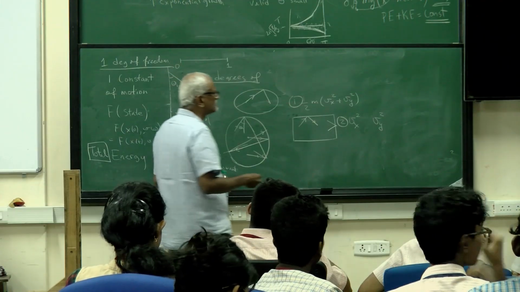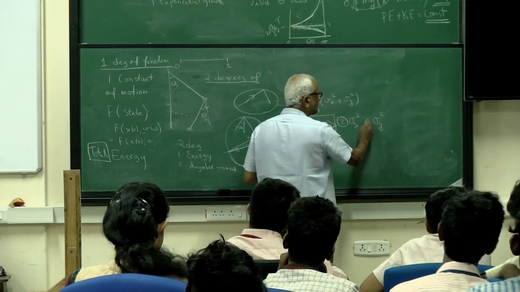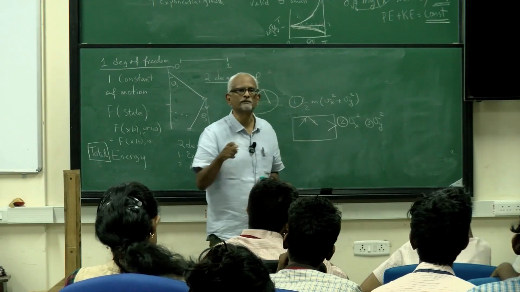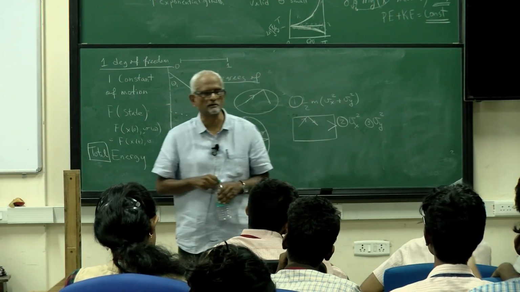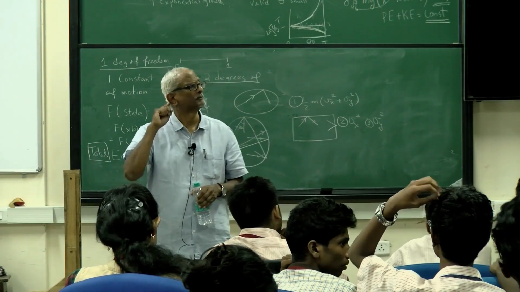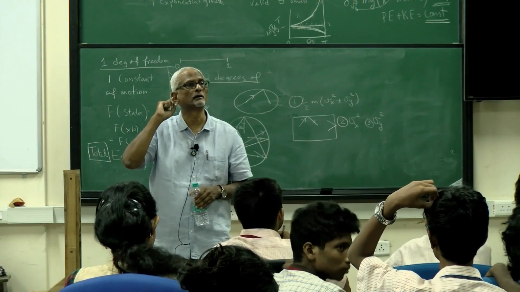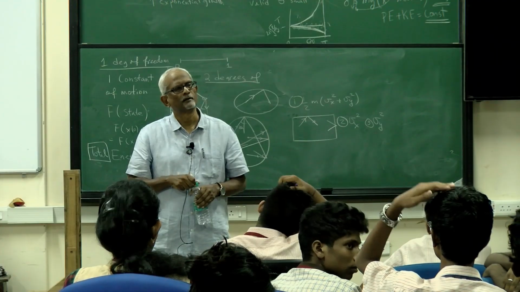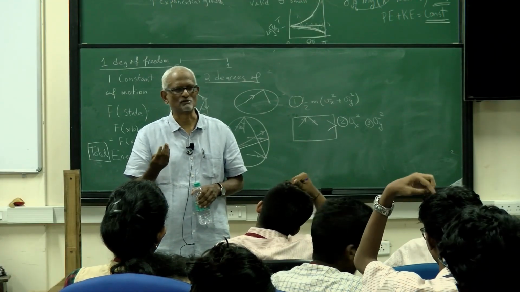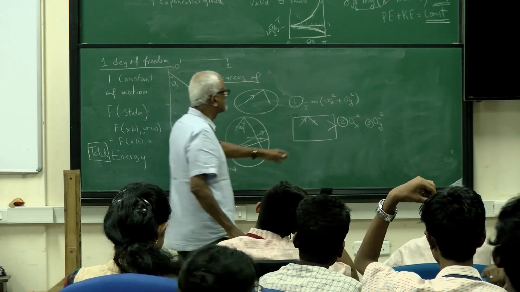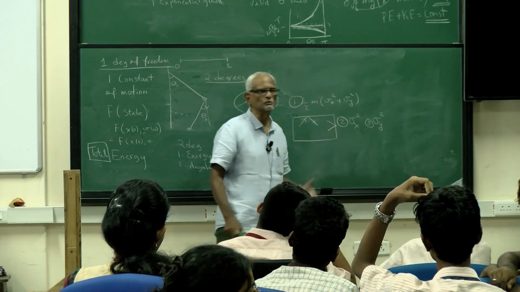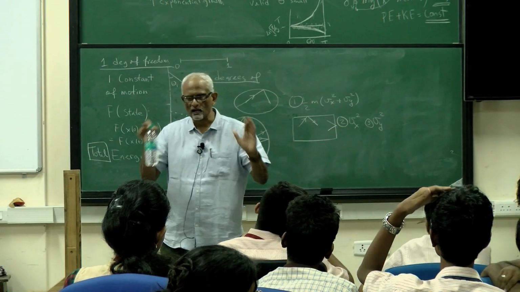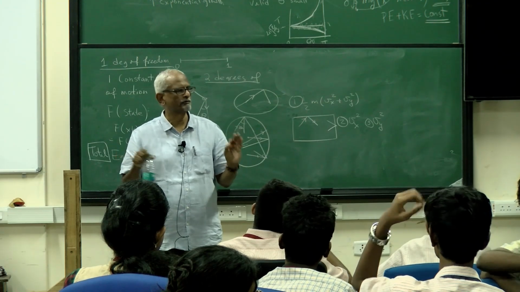There are three constants; they are not all independent. One is the sum of 2 and 3. Here we are talking about only independent ones. You can say that 3 is 1 minus 2. It doesn't matter. You have two independent constants of motion.